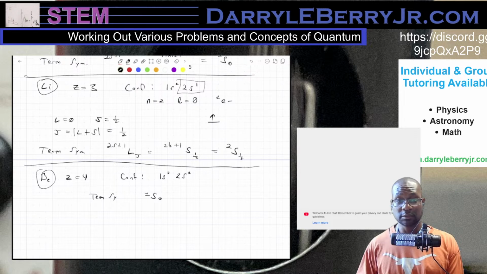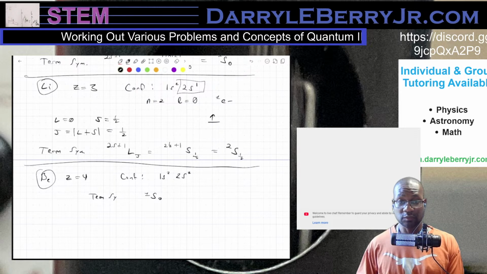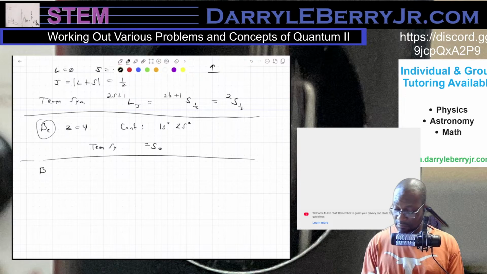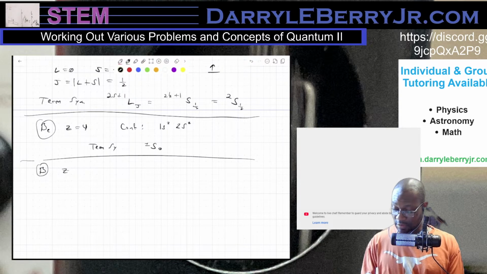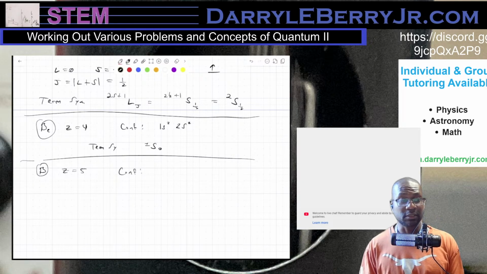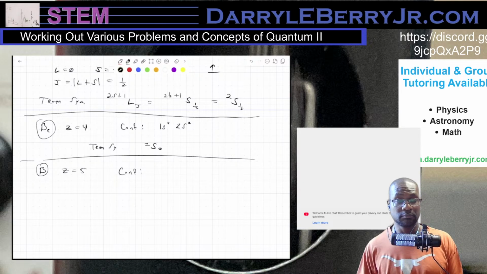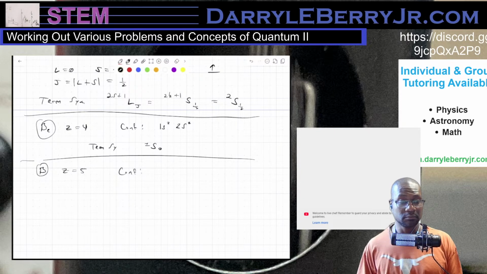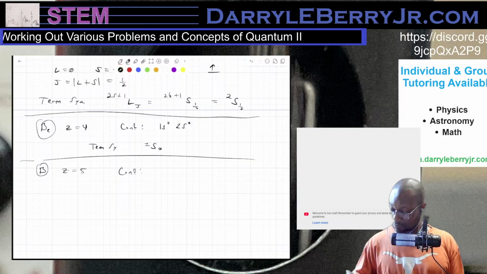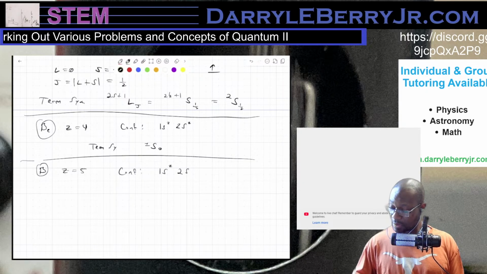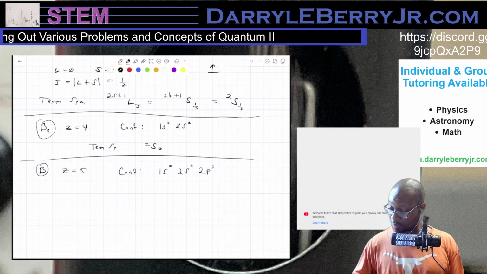Boron is the next one. Z equals 5. The configuration is 1s2, 2s2, 2p1.